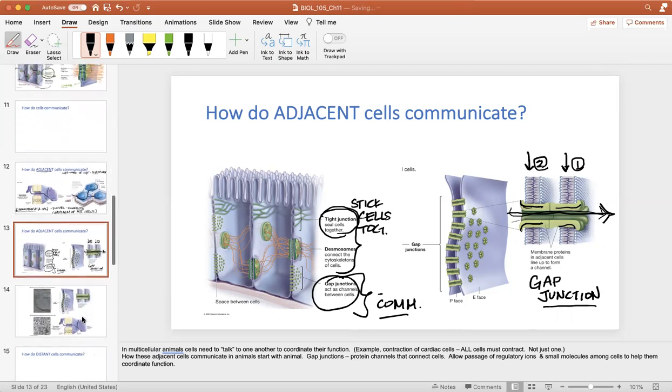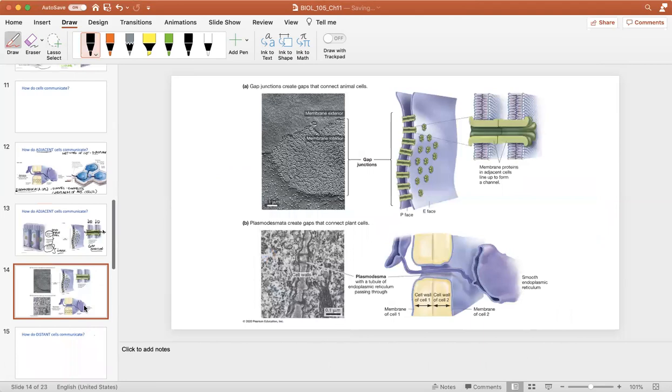And then the last thing that we will talk about is I just kind of wanted to draw a comparison. These are both basically, despite the fact that they have different names, just similar strategies for talking to next door neighbor cells. In both cases, plant and animal, what you're doing is you're building tunnels, okay? And you're building tunnels so that these adjacent cells can either communicate with ions.